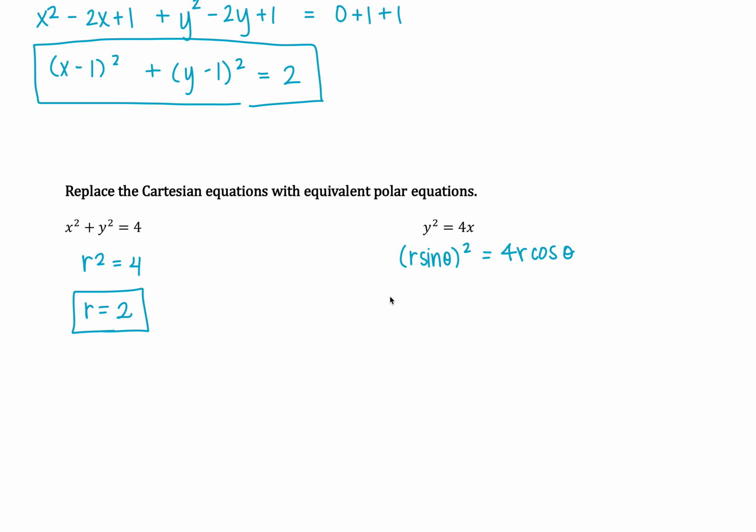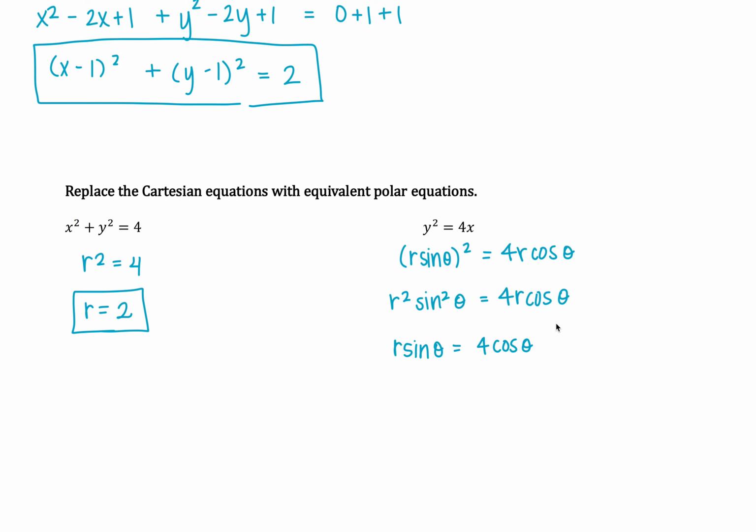So squaring the left, I have r squared sine squared theta is equal to 4r cosine theta. And if I divide through by r, which is really the only thing I can do, I have r sine squared theta equals 4 cosine theta.